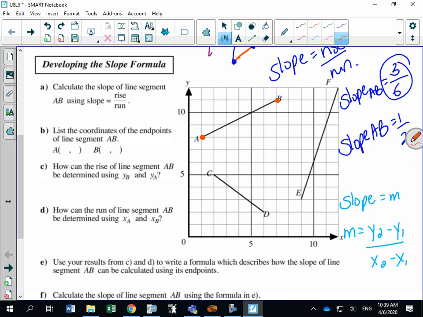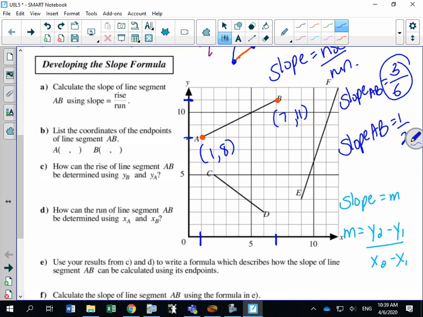So if I was to pick these 2 points here, the coordinate at point A, that x value is 1 and the y value is 8. And the coordinate at point B, the x value is 7 and the y value is 11. So in order to apply your slope formula, you pick any 2 points on your line segment.